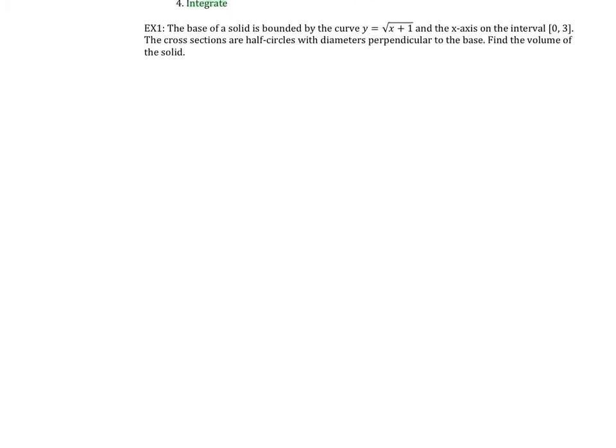So again, this is just a bunch of words. So what I'm going to do is graph this. We're going to graph y equal to the square root of x plus 1, and then our x-axis, but we're only concerned with x values from 0 to 3. So let's see what that would look like.